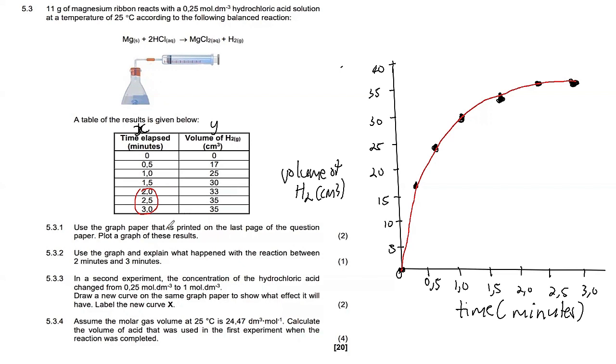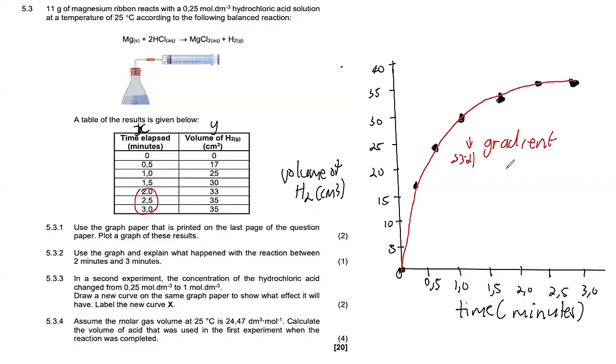Now, if you are to check between 2 minutes and 3 minutes, just here, we can see that what happened with our graph is that the graph was starting to be smooth, or the gradient was starting to be smooth, which obviously, if we have to explain for 5.3.2, when we see the graph being smooth, it can only mean that the gradient was decreasing.